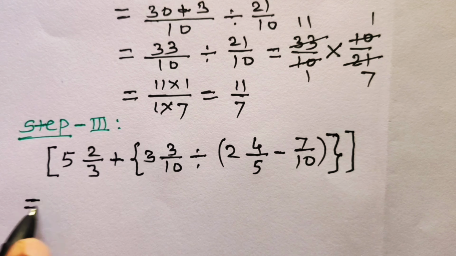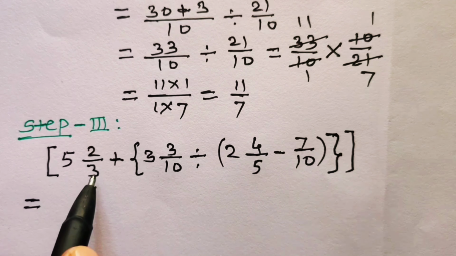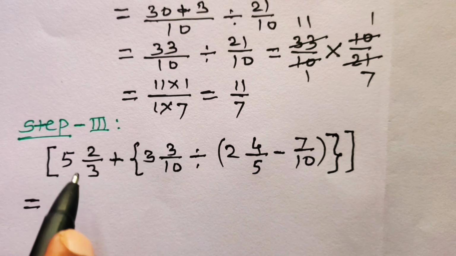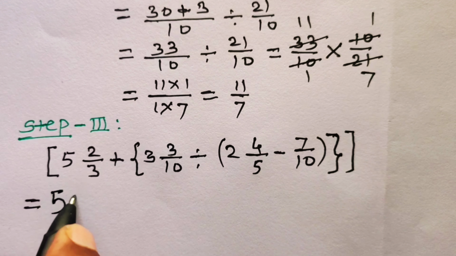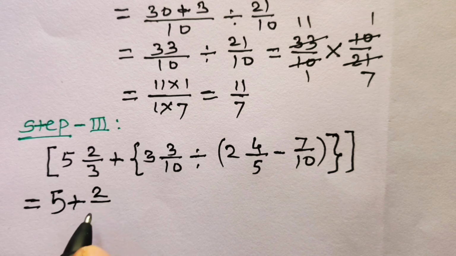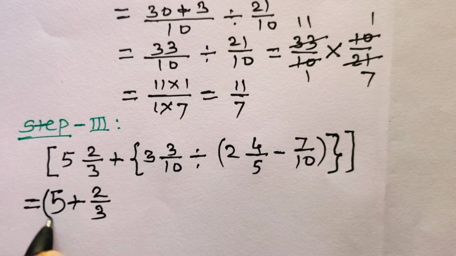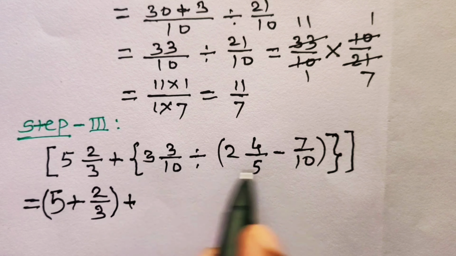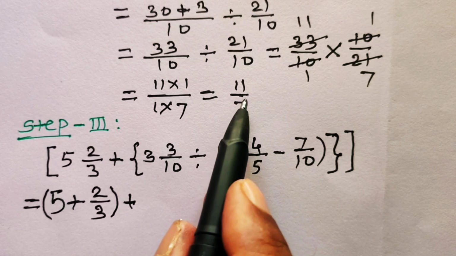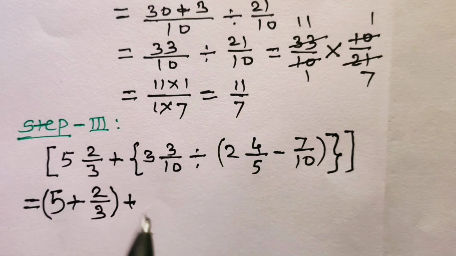This is equal to 5 and 2/3. This mixed number we can refer to as 5 plus 2 over 3. Keep this in one bracket, plus the value of this curly bracket obtained in step number 2, which is 11 over 7.